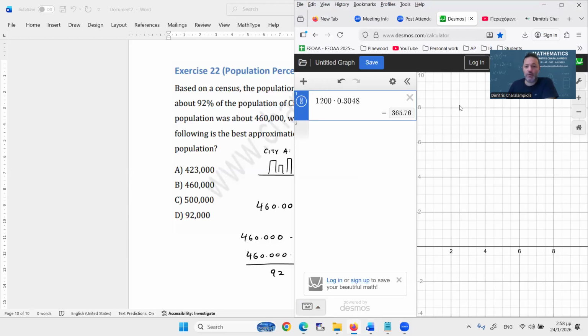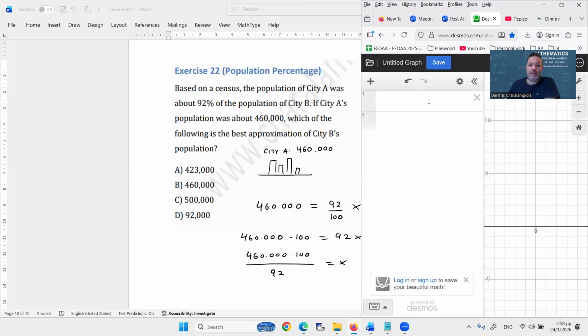Let me go here. You can see that if I do it like this, times 100 over 92, it's going to be 500,000, which is the answer I was looking for.